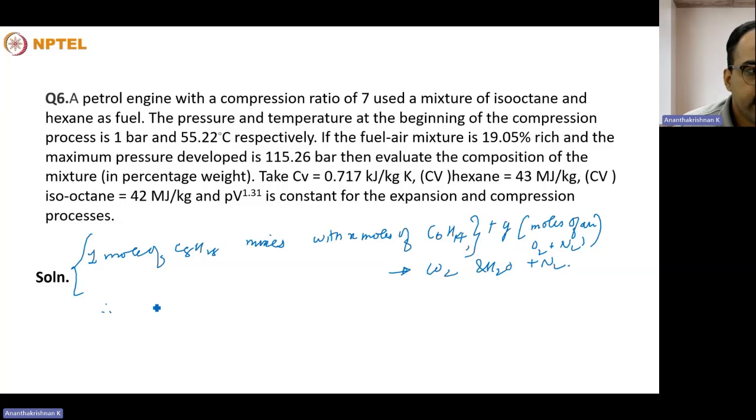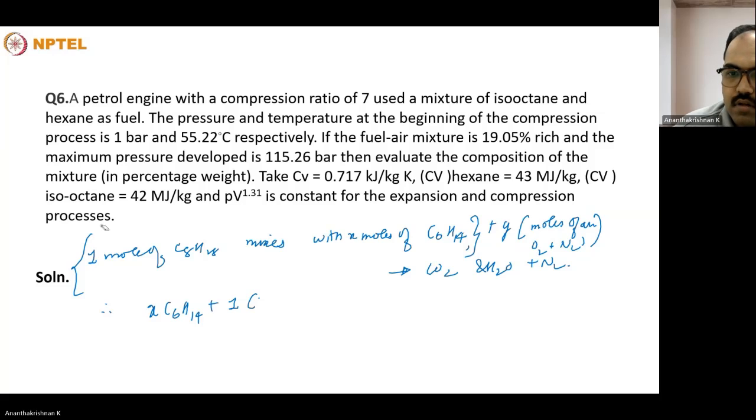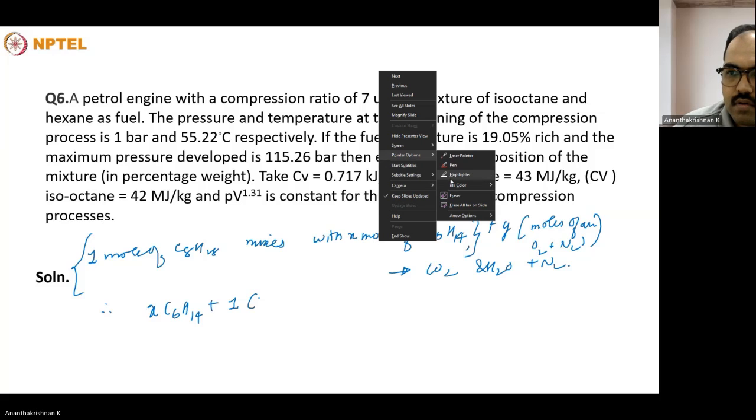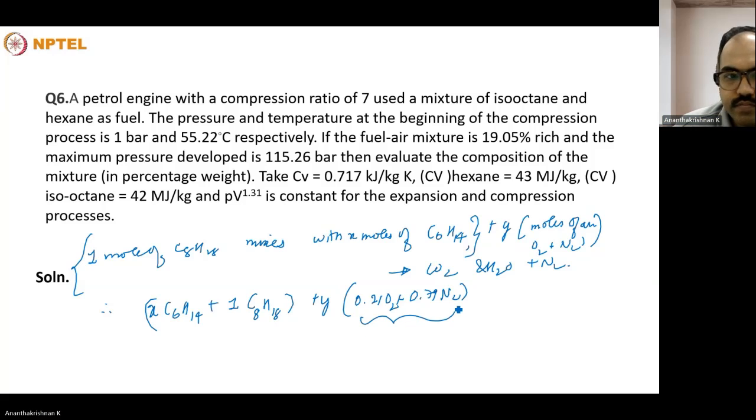So writing the stoichiometry equation, X C6H14 plus one mole of C8H18 plus Y times, in terms of moles, 0.21 O2 plus 0.79 N2, total will be 1 mole.